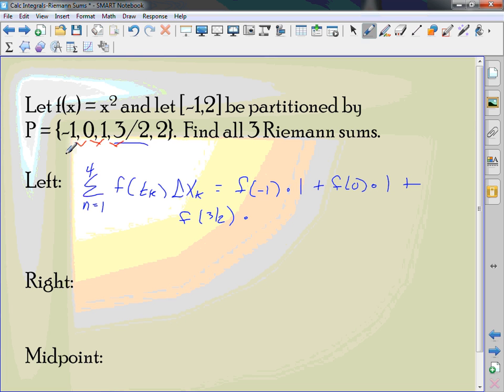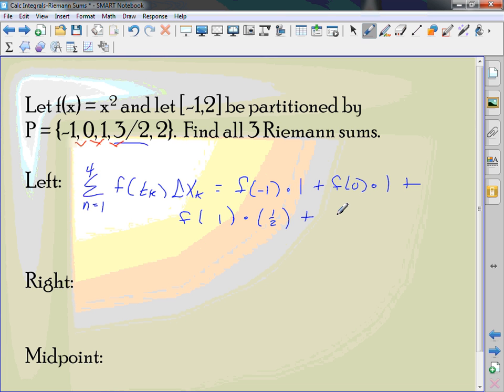Or did I skip? I skipped one. Between 1 and 3 halves, what's the difference? What's 3 halves mean? 1.5, so the difference is a half.